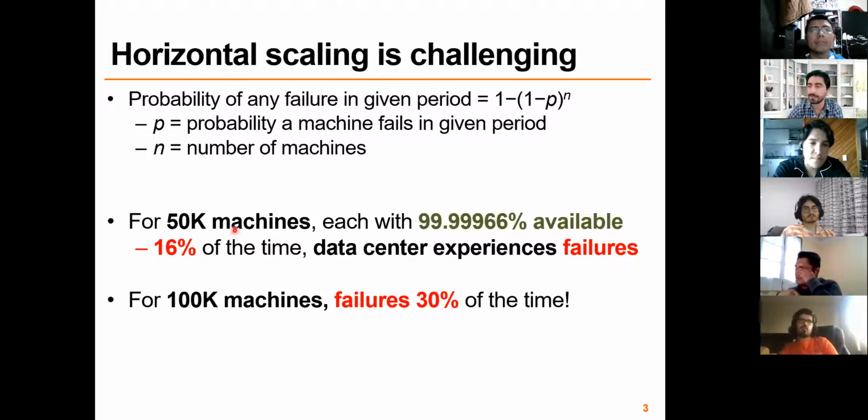Your data centers, your distributed system, will experience a large number of failures. This is the equation: if P is the probability that a machine fails in a given period, and N is the number of machines, you can calculate the probability using this. So, basic probability.